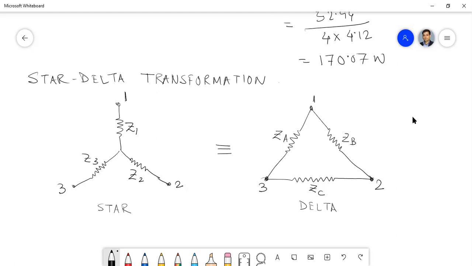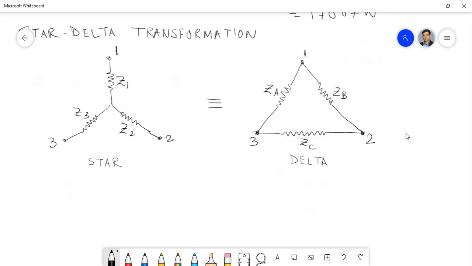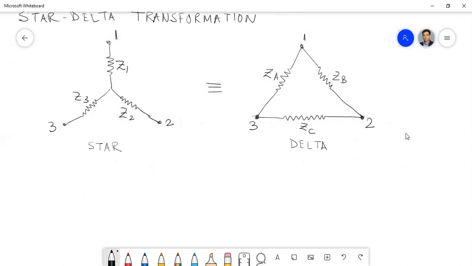Okay. Is it understood? Now how will we equate this? Is it possible to equate this first? Hmm?